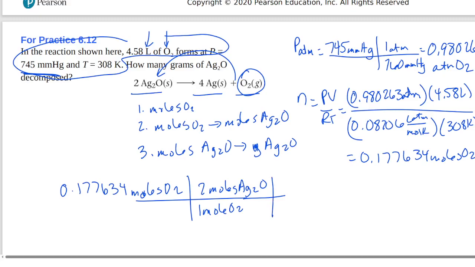And we can convert that straight to grams, which is what we were looking for, if we know the molecular weight of silver oxide. 1 mole of silver oxide is 231.8 grams. So that gives us 82.4 grams of silver oxide.